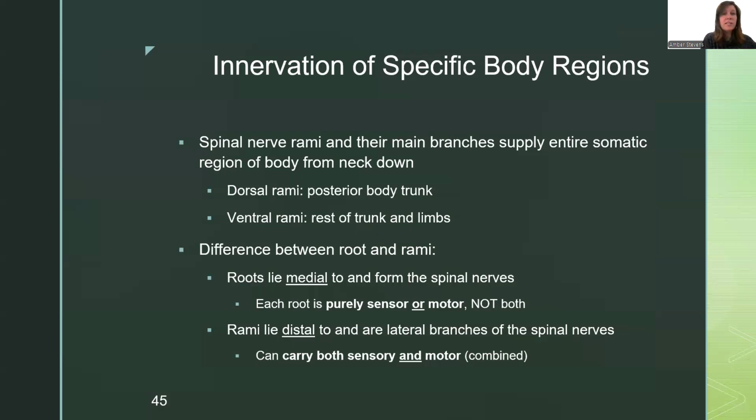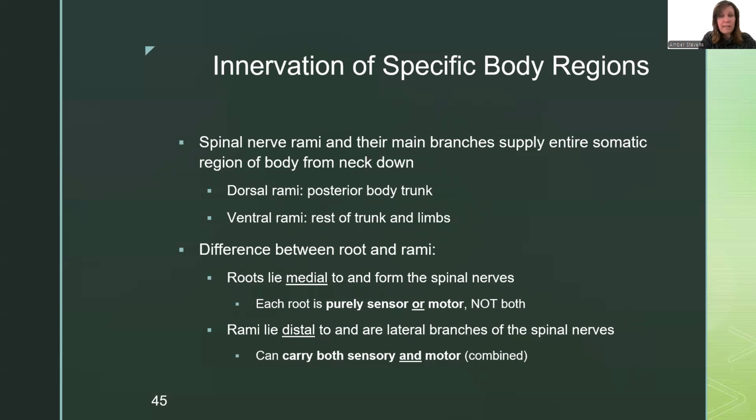Okay, so innervation of specific body regions. The spinal nerve rami and their main branches supply the entire somatic region of the body from your neck down. Spinal nerves branch into rami after leaving the spinal cord. Those rami innervate specific areas of the body, like we've talked about. The dorsal rami serve the posterior body trunk, like the back muscles and the skin.